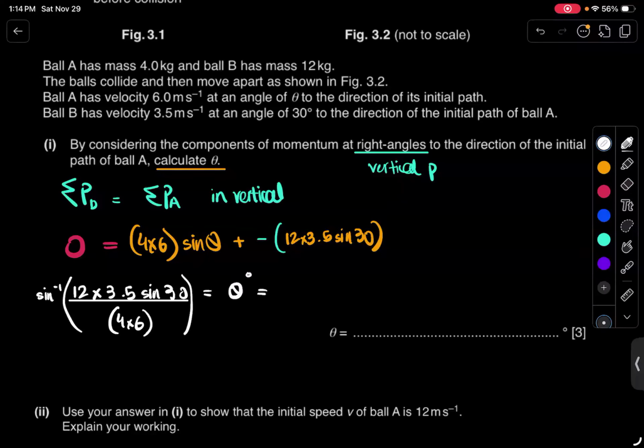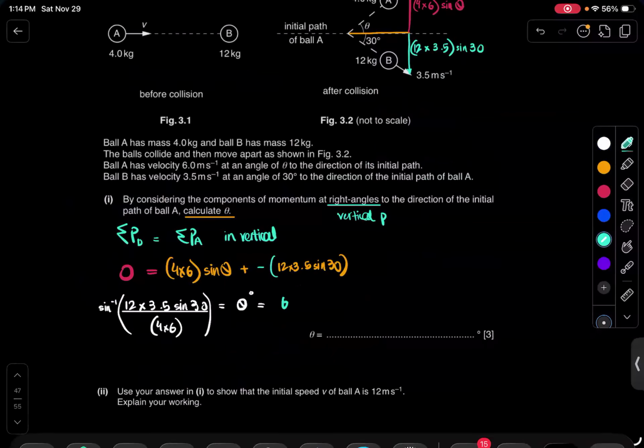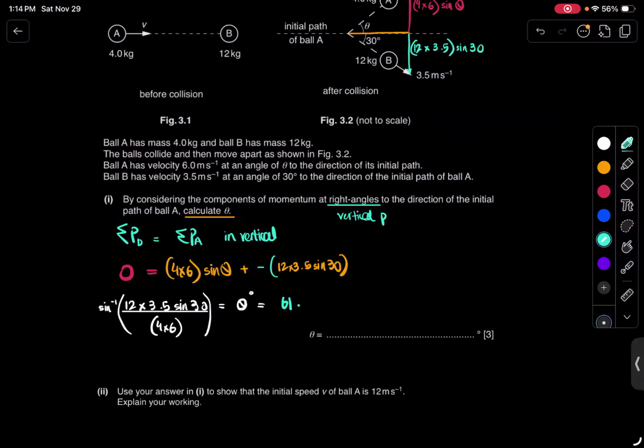In the calculator, this is sine inverse of 12 into 3.5 into sine 30 divided by 4 into 6. And that gives me theta as 61 degrees.